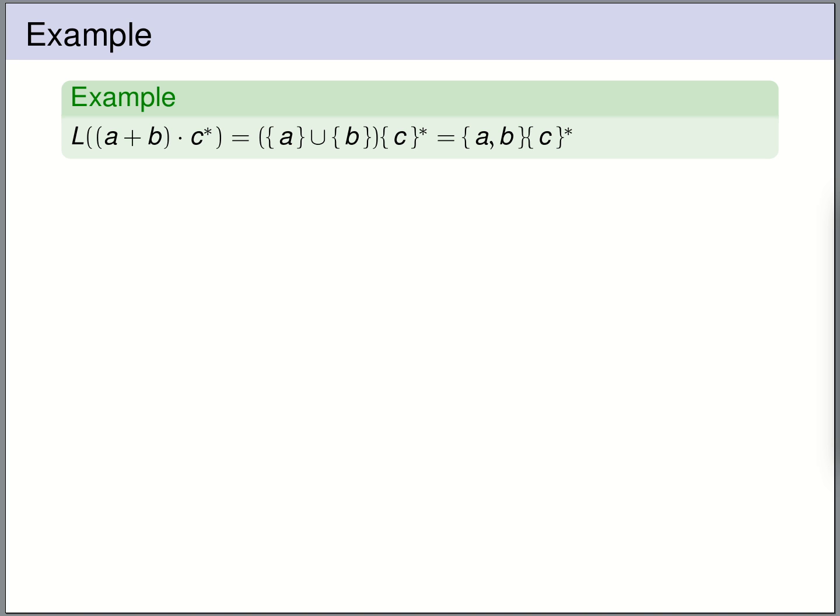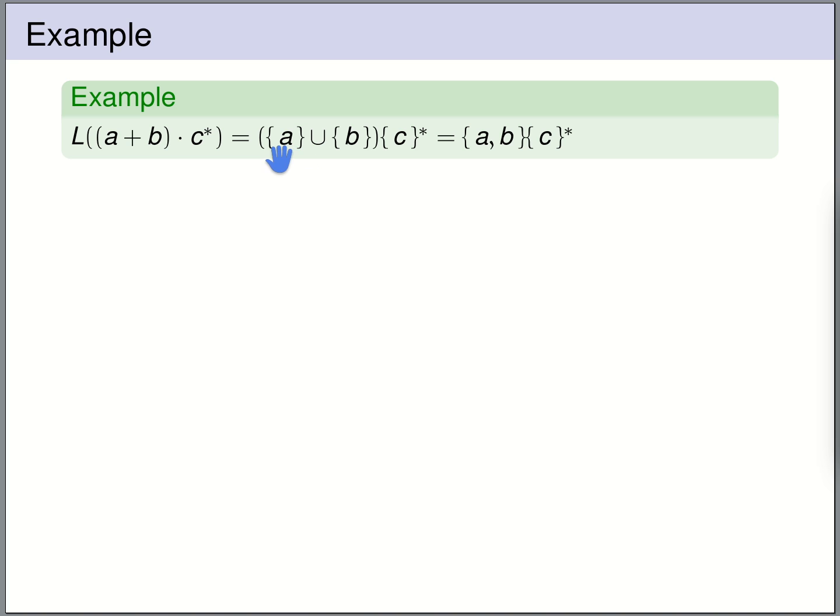Let's have a look at a simple example. Here we have a regular expression (a plus b) times c star. So what language is associated to that? a gives rise to the language just containing the word a. b gives rise to the language just containing the word b, and likewise for c. a plus b is translated to the union of these two languages.